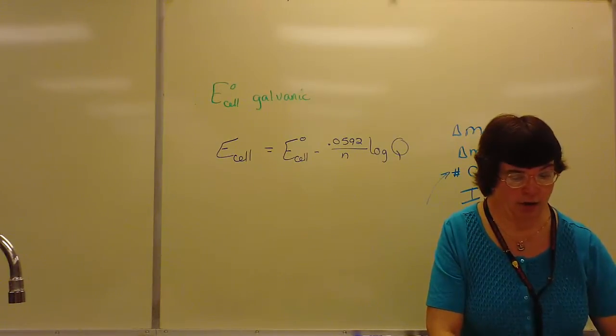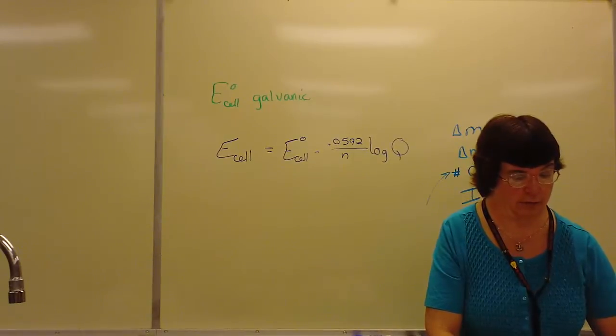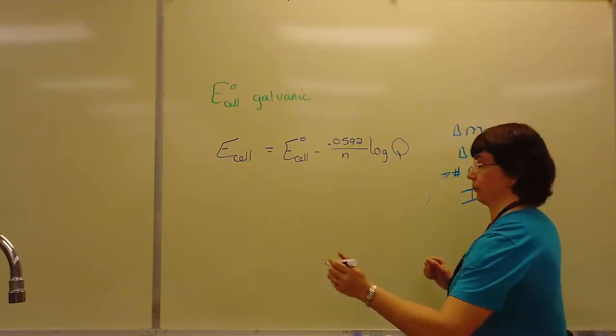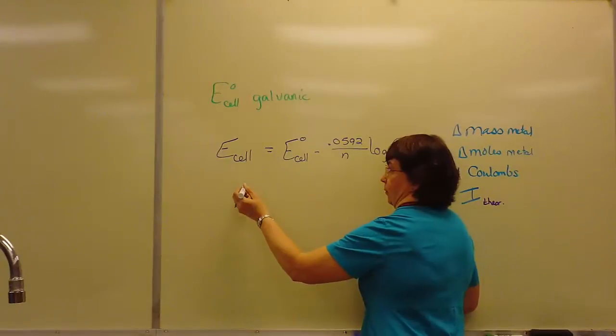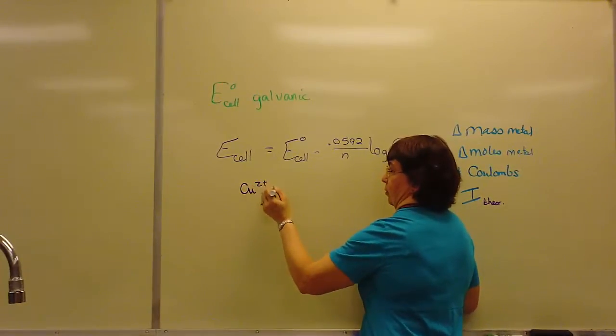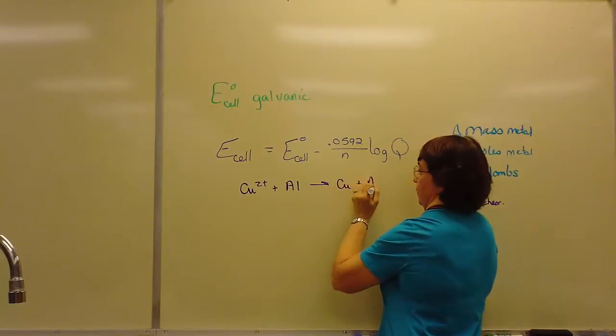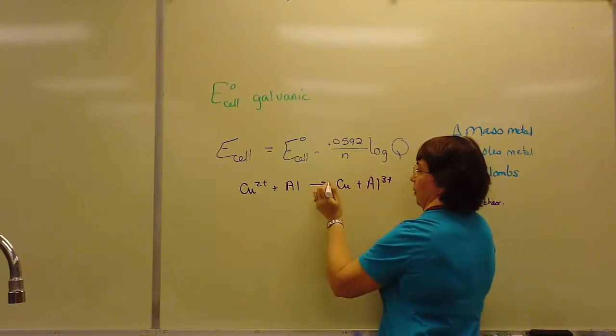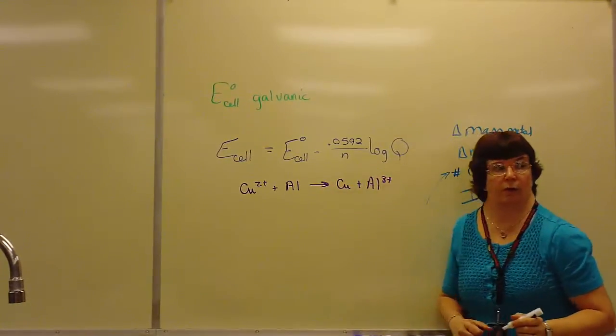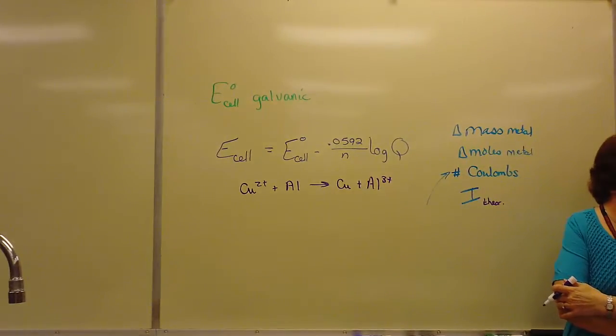Okay. So, what's the equation? Copper 2 plus aluminum goes to copper plus aluminum 3 plus. Almost. What do you need to do with that?